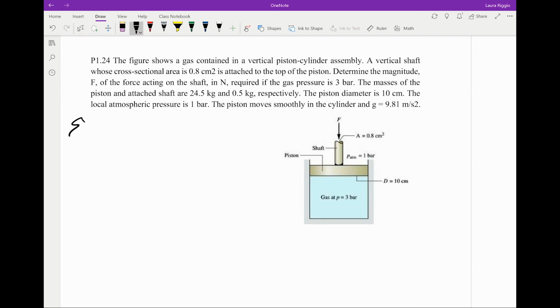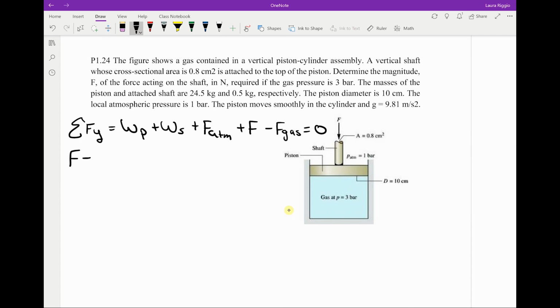So if I was to do a force balance in the y direction, I would find out that the weight of my piston plus the weight of my shaft plus the force of my atmospheric pressure plus the force pushing down on the shaft minus the force pushing up by the gas has to equal 0.